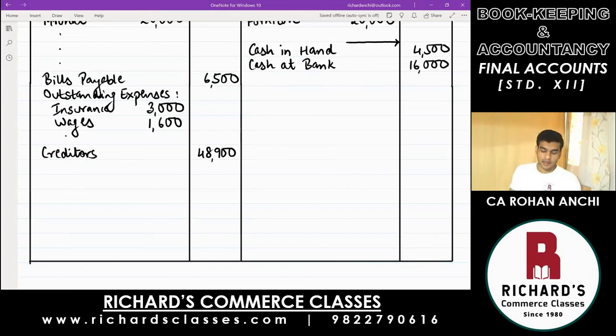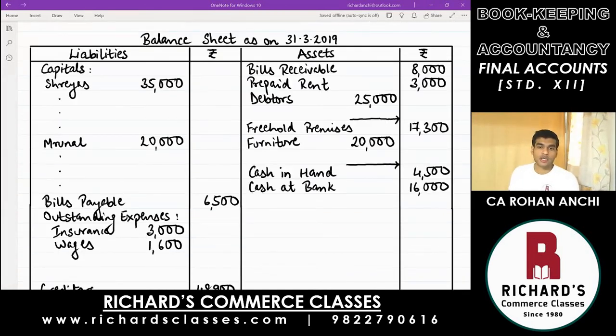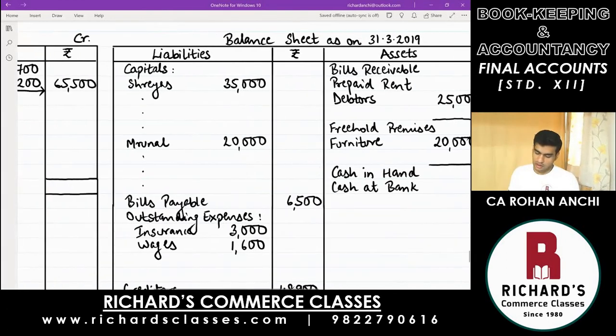Okay. At this point, the trial balance is complete. Now we move on to the adjustments. One by one, we will take them. But remember, there are going to be two effects for all of these adjustments. The first one talks about closing stock. The first effect is going to be in the trading account.